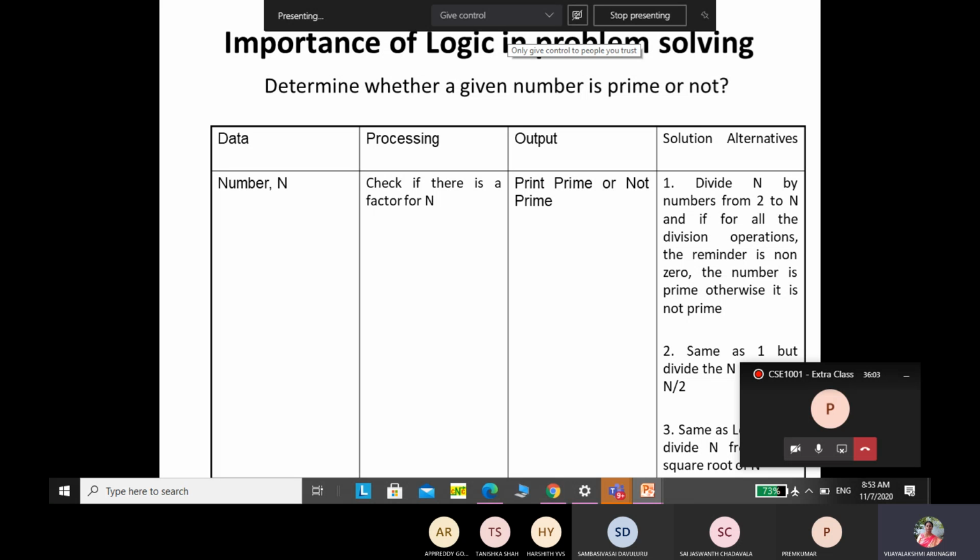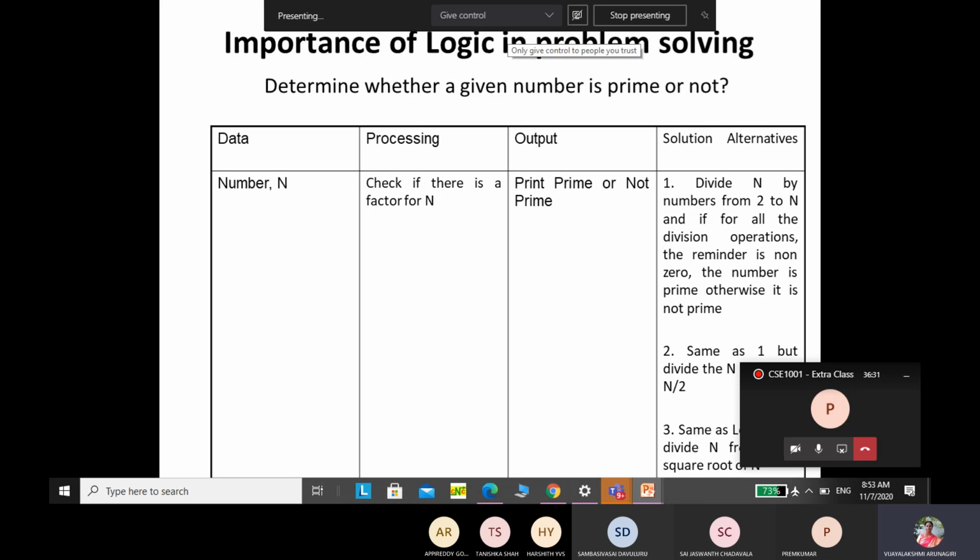Yes, in mathematics there are some alternative solutions. One is what is given here: divide n by numbers from 2 to n, and check whether the remainder is non-zero. If the remainder is non-zero, then it is a prime number, otherwise not.